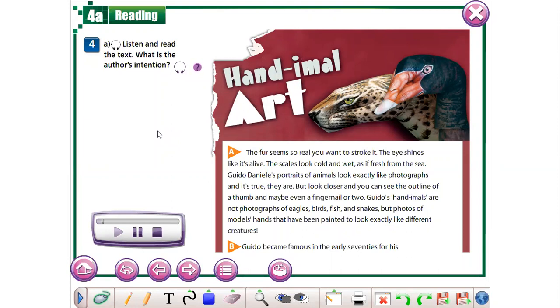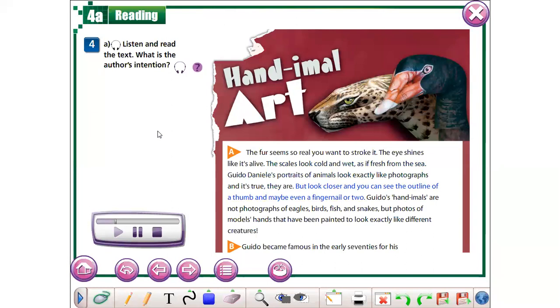Handimal art. The fur seems so real you want to stroke it. The eye shines like it's alive. The scales look cold and wet, as if fresh from the sea. Guido Daniele's portraits of animals look exactly like photographs, and it's true, they are.